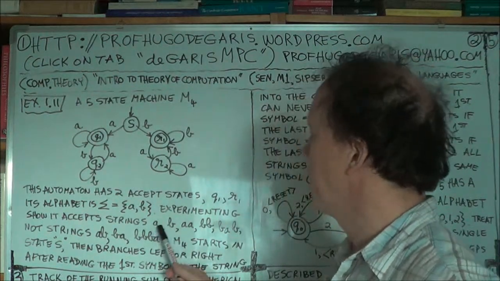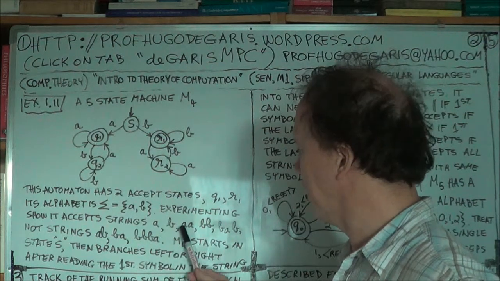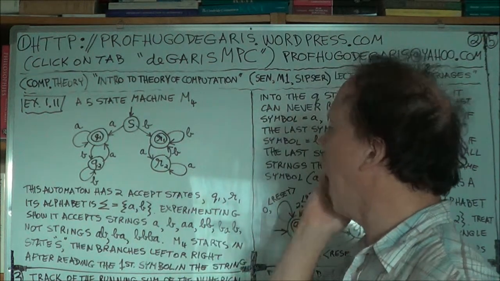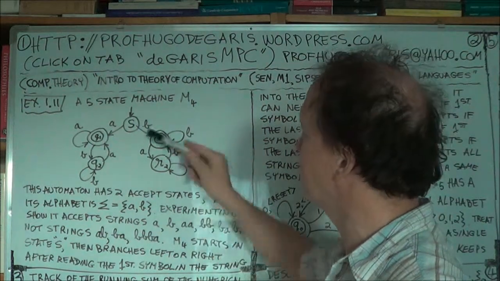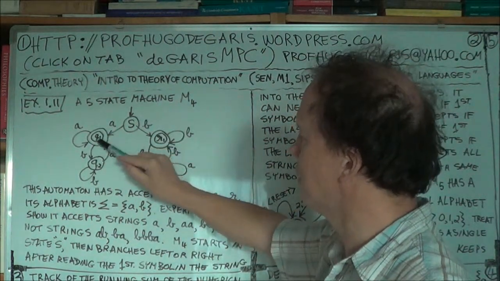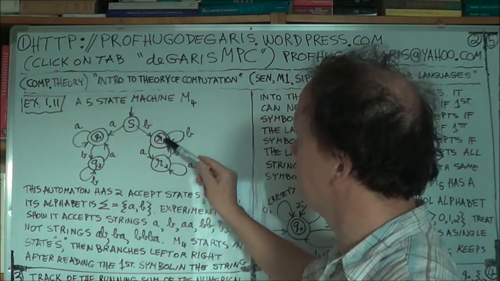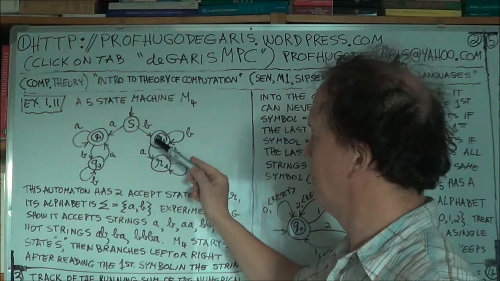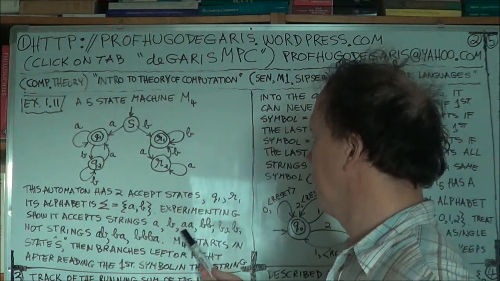So you can try inputting different stuff. It'll accept strings A and B and AA and BB and BAB. Let's just do a few quickly. A, and it terminates. Well, that's accept. B goes this way. Well, that's also an accept state, so this string is accepted.